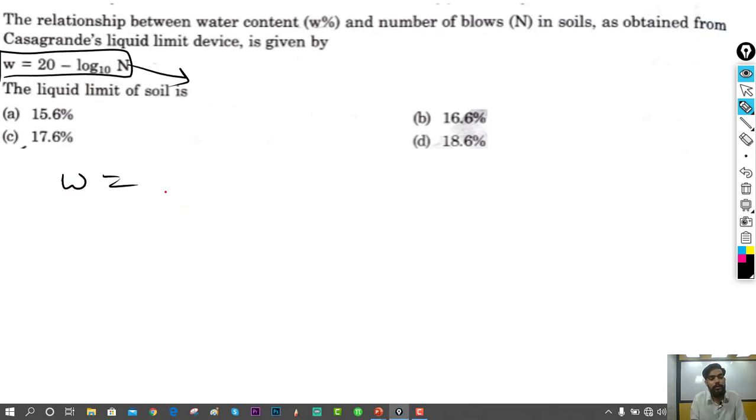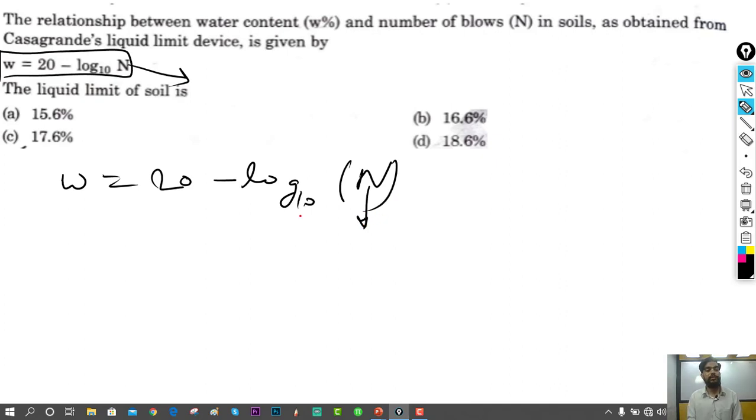The formula is the water content W minus log base 10 of N. N is nothing but the number of blows or number of taps that we provide on the Casagrande apparatus to find the liquid limit of the soil.